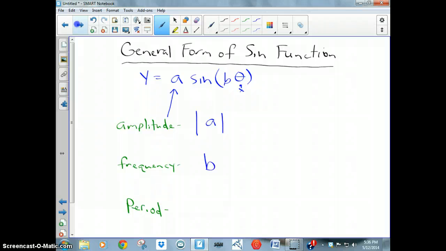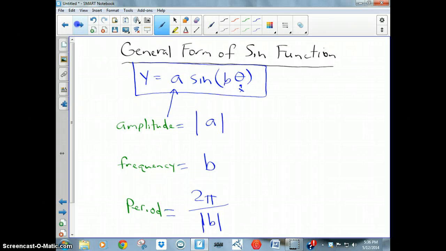And the period will always be 2 pi divided by the absolute value of b. That's how you figure out what the period is. So that's where you get your 3 words from the general form of the sine function. Amplitude is a, frequency is b, and the period is 2 pi divided by b.